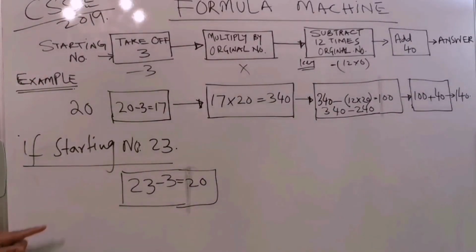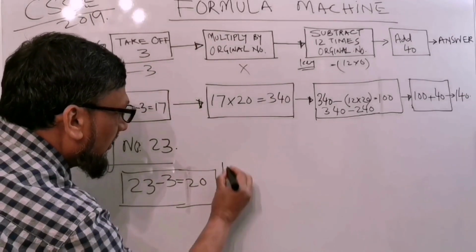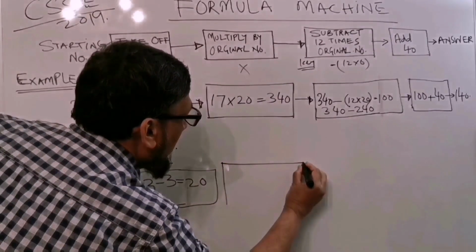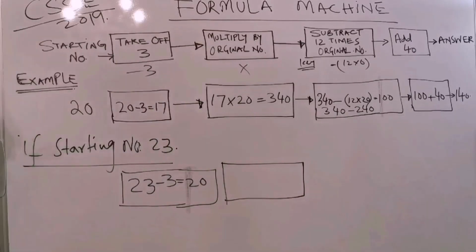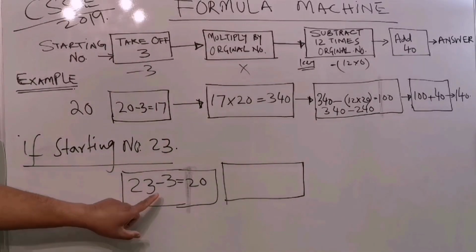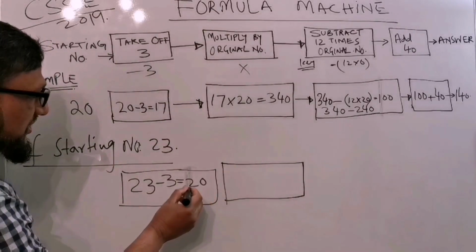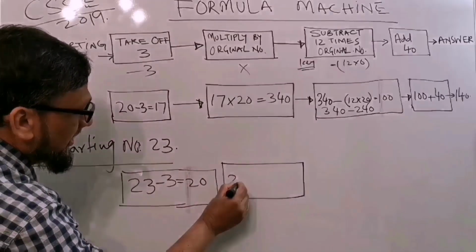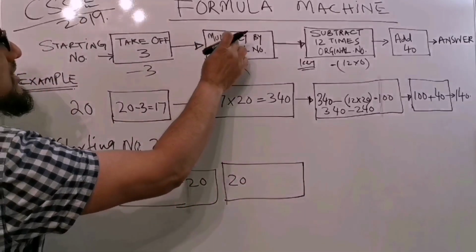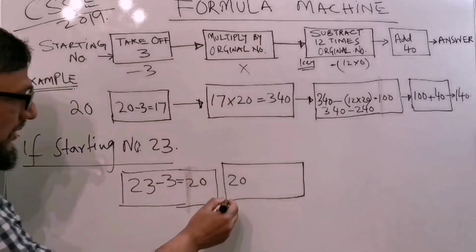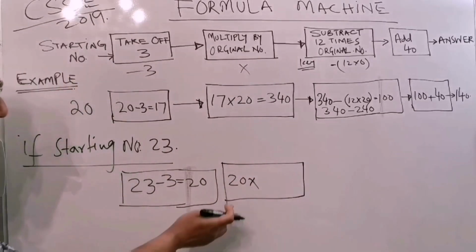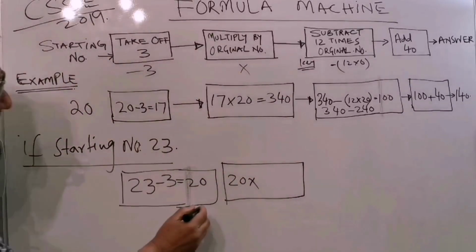After that, whatever your answer is, which is 20, multiply by the original number. The original number is 23.